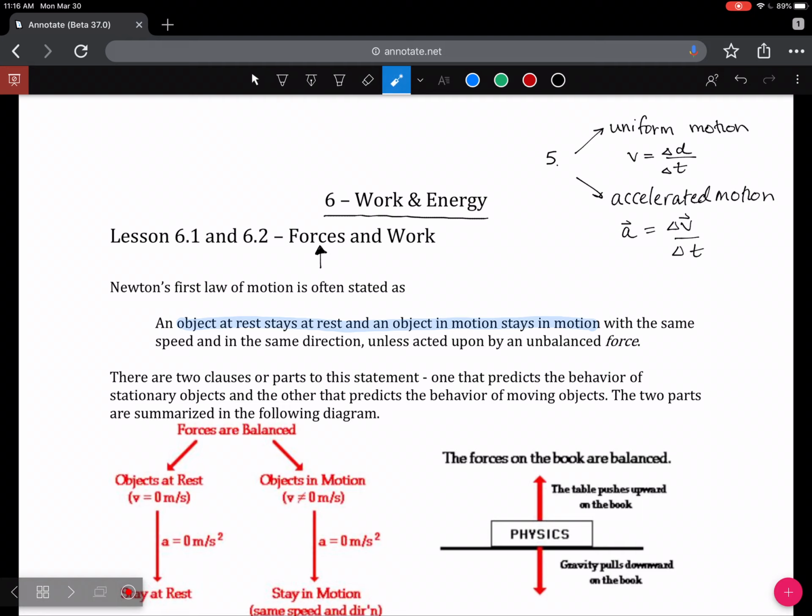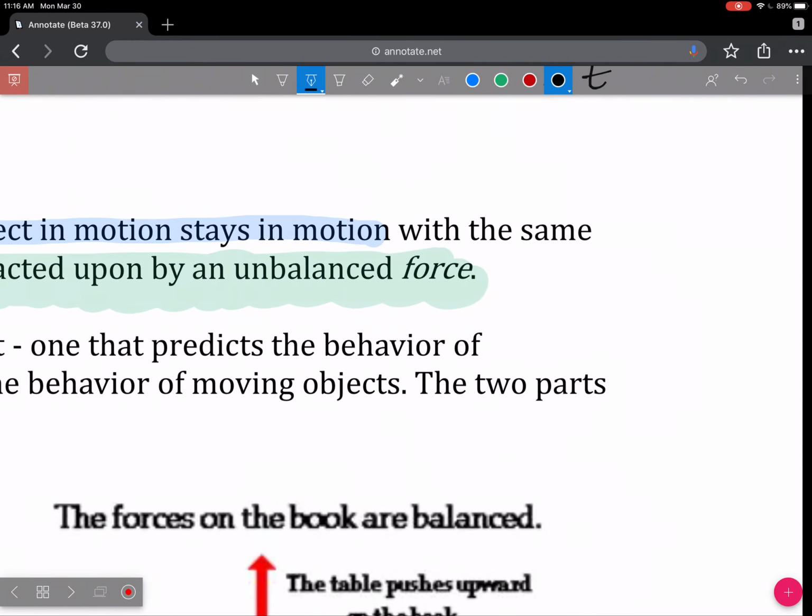And then here's the big idea here. Unless acted upon by unbalanced force. So this unbalanced force is something we're going to elaborate on further. And the unbalanced force, I'm just going to underline it. This unbalanced force is what's going to cause acceleration.